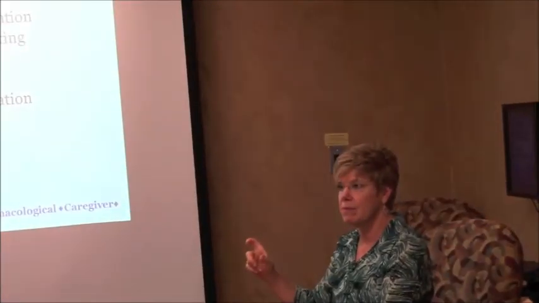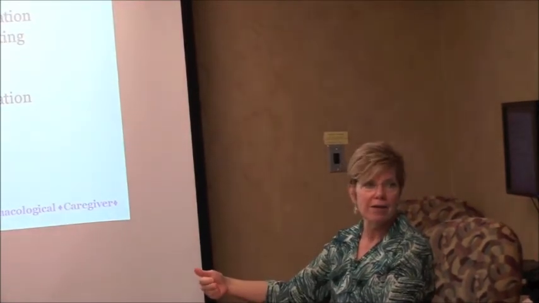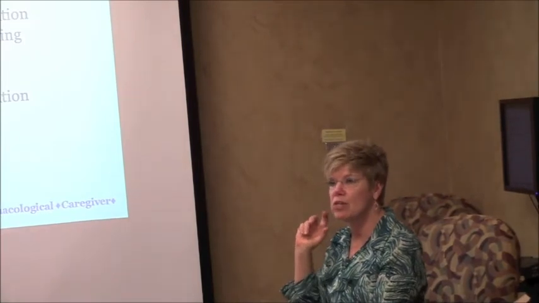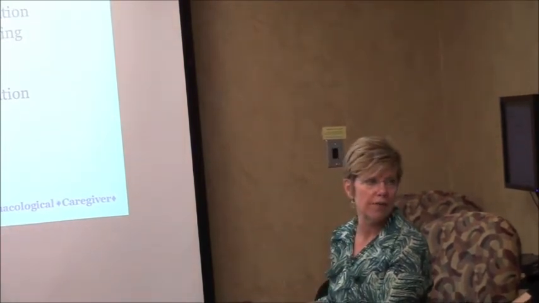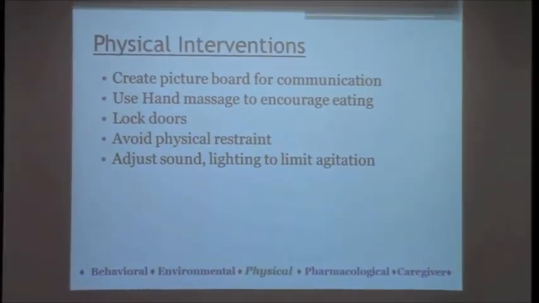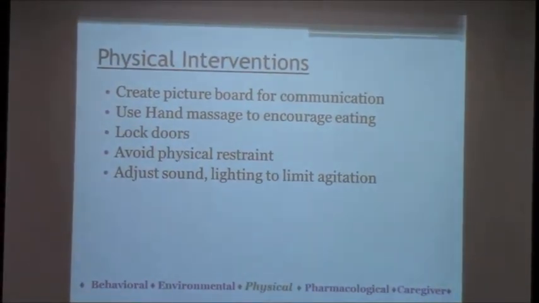That means you may have to devise a lock system from the other side so that the person can't get access to the basement, because they can't make a decision that going down the stairs to do the laundry is not safe anymore. So you really have to look at physically putting things into place that will keep them safe. Adjust sounds and lighting to also limit agitation.